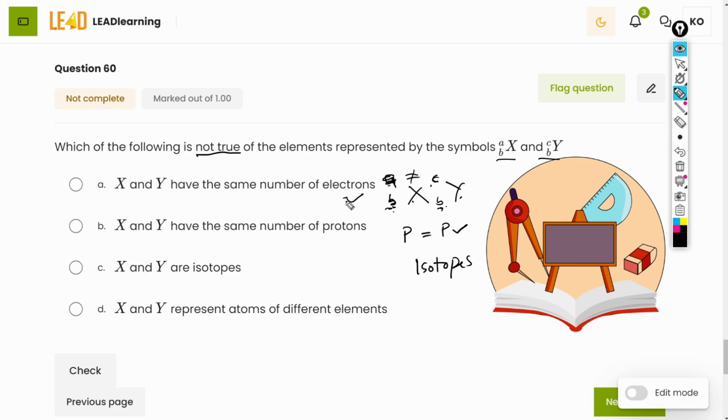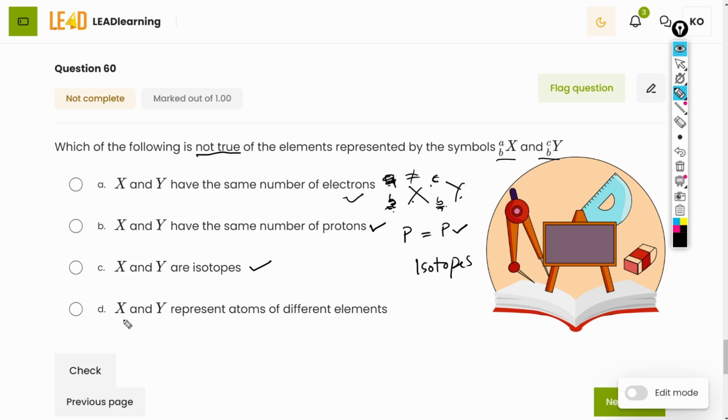So option A is true. X and Y have the same number of protons. That is also true. We've seen it here. B represents proton number. Then C, X and Y are isotopes. This is also true, because they have the same proton number but different atomic masses. That means that they are isotopes of the same element.